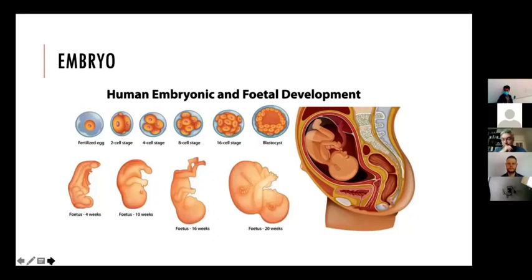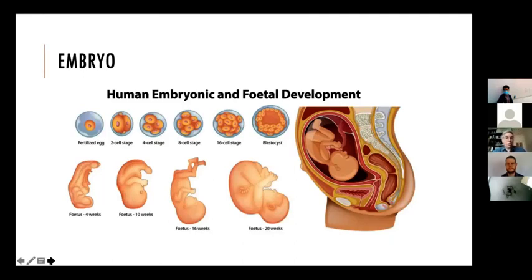Any other ideas? Depends on when you think life starts. Person after formation of the brain. Any other ideas? Maybe depends on stage, undeveloped persons.